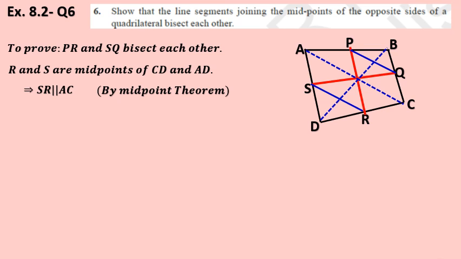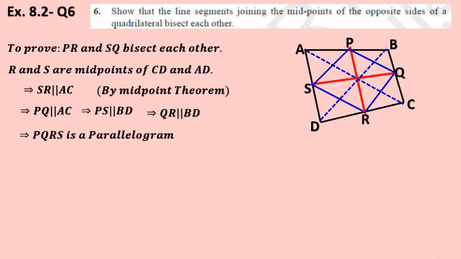Similarly, PQ parallel AC, then PS parallel BD, then QR parallel BD. That means PQRS is a parallelogram. Opposite sides are parallel and equal. So it is a parallelogram.